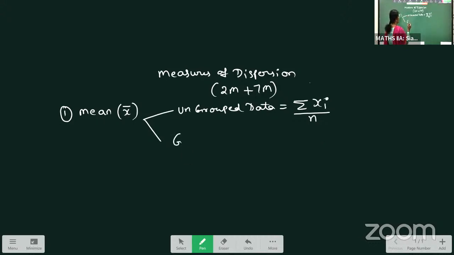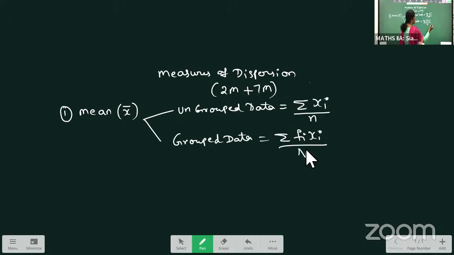For grouped data, mean is equal to sigma fi into xi by capital N, where capital N is equal to sigma fi. You can write capital N or you can write sigma fi. Here N is nothing but the sum of the frequency. This is about mean. In mean, ungrouped data over, grouped data over.